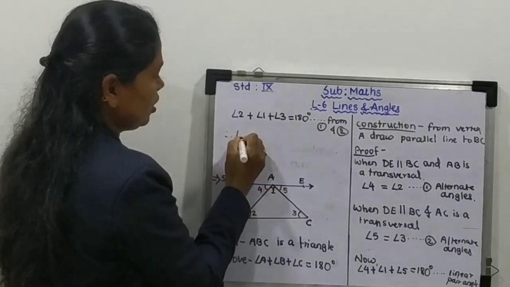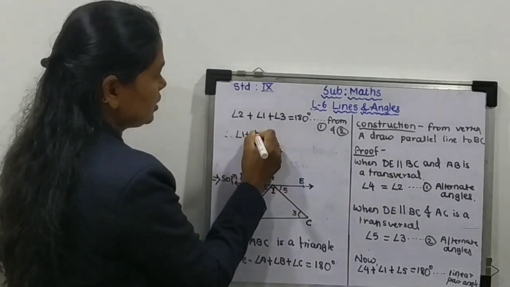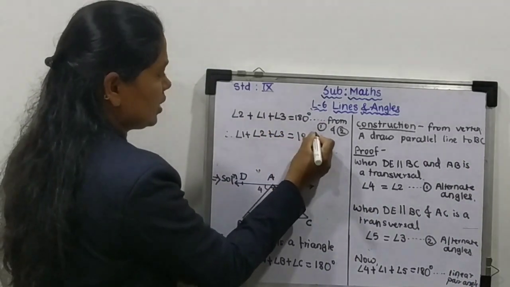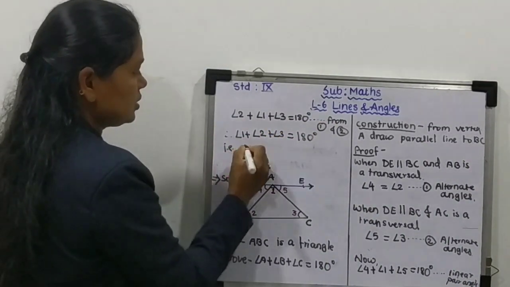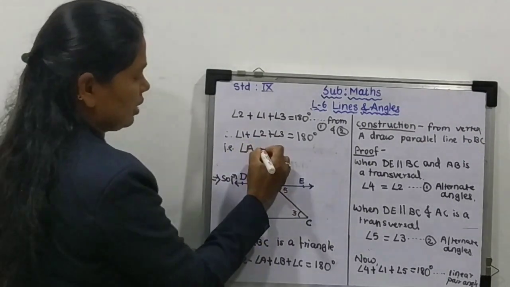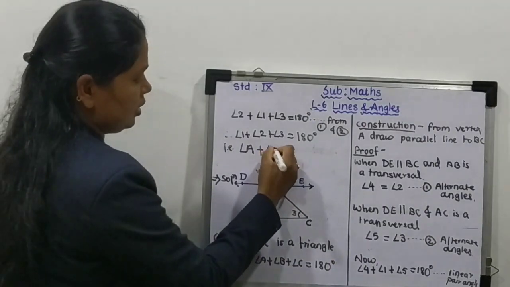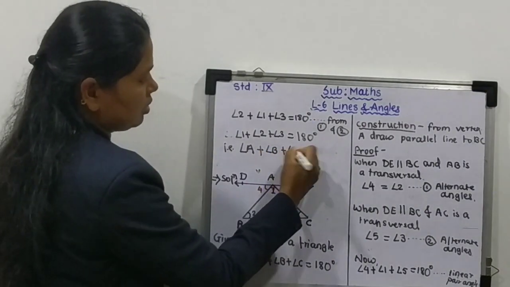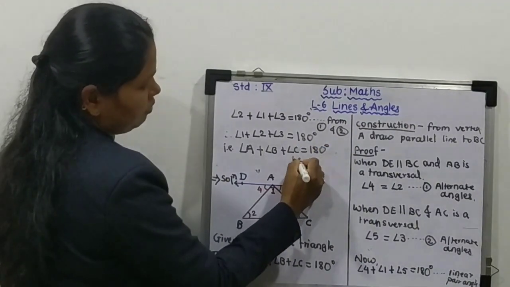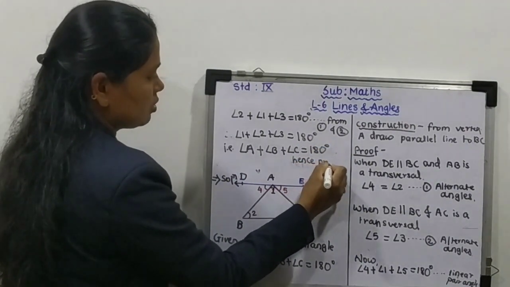That is what? Angle 1 plus angle 2 plus angle 3. I just simply rearranged. 1 means angle A, 2 means angle B, and 3 means angle C is equals to 180 degree, and we'll write hence proved.